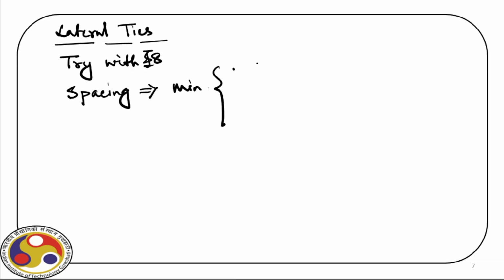The first one is D least, because we have a square cross section, so this is 500 millimeter. Then the second option, we have 16 phi, that is the diameter of the longitudinal bar.